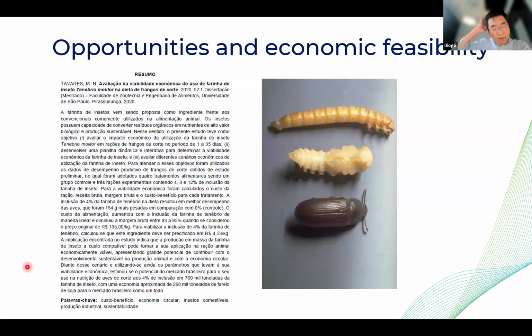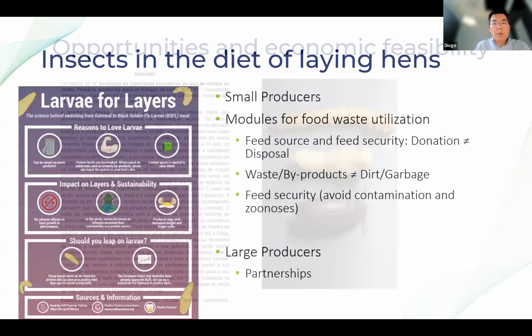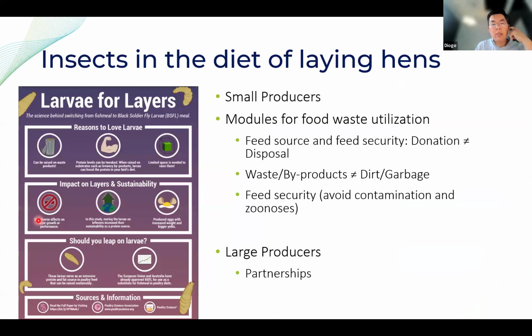So, insects. This study is interesting because the researchers already included an economic study about what the price of the insect meal can be to be more economical in the feed formulation. The same happens in other cases, for example, a paper prepared by the Poultry Science Association.